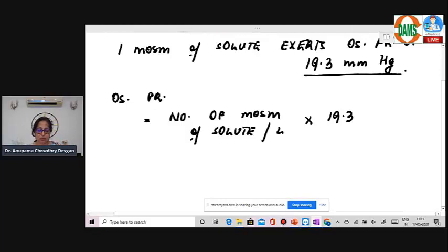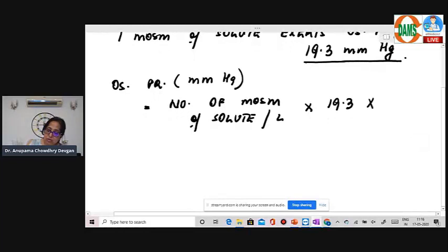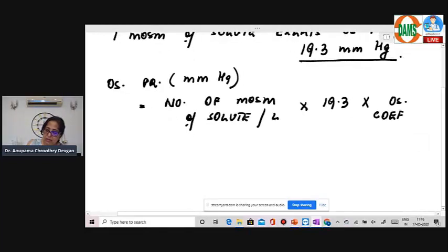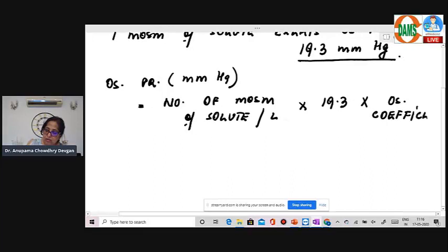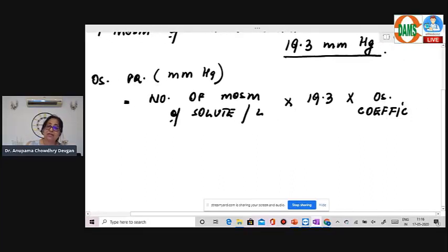And how do you calculate the osmotic pressure in millimeters of mercury? This will be the number of milliosmoles of solute in 1 liter into 19.3 into what is known as the osmotic coefficient. Osmotic coefficient is different for different substances.